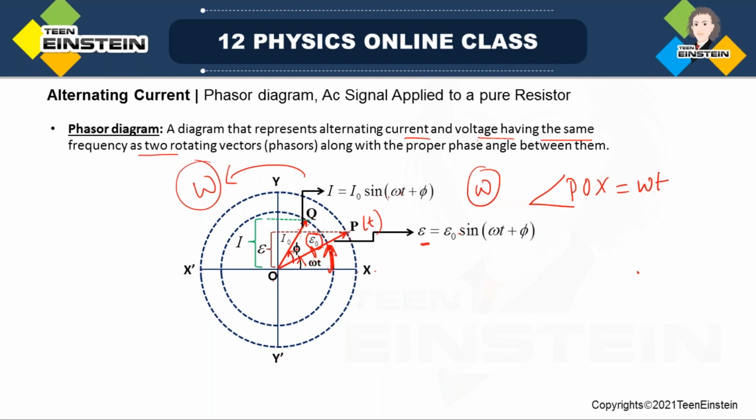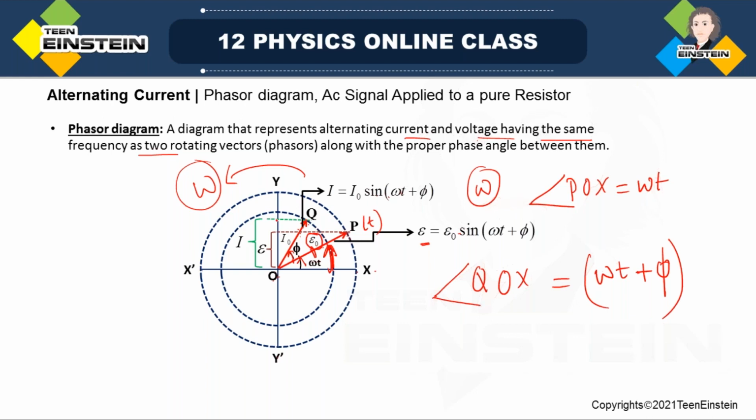And the angle QOX is the phase for the current vector OQ. So what is the phase for the current? This is the phase for the current, omega t plus phi.